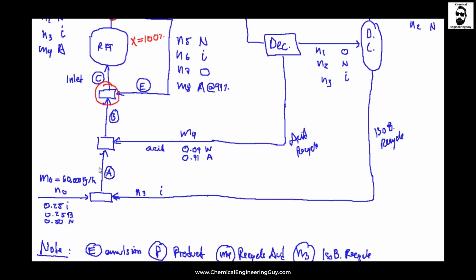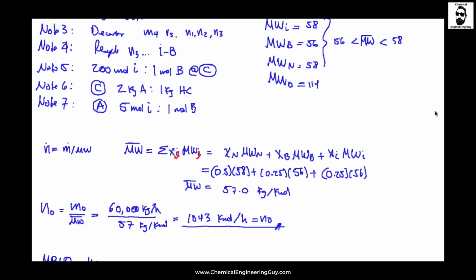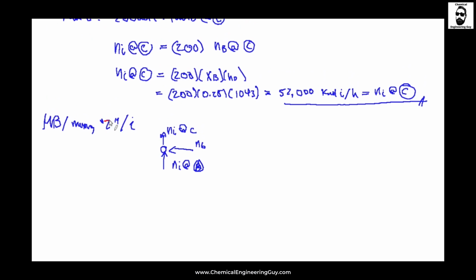I told you it's mixing point 2, I'm wrong, it's mixing point 3, so let me correct that. By doing the mass balance, the equation turns out to be inlet equals outlet: N of I at B plus N6 equals N of I at C.